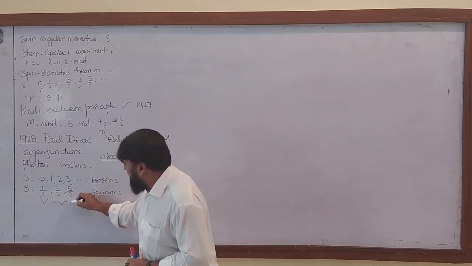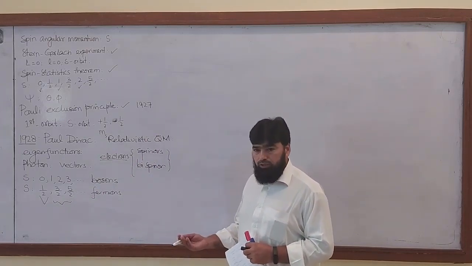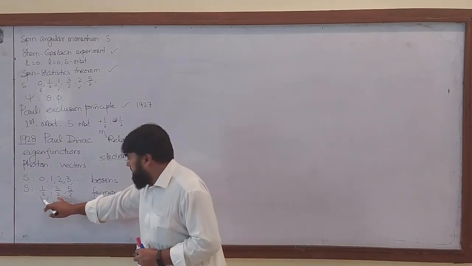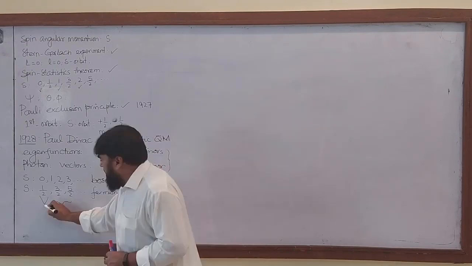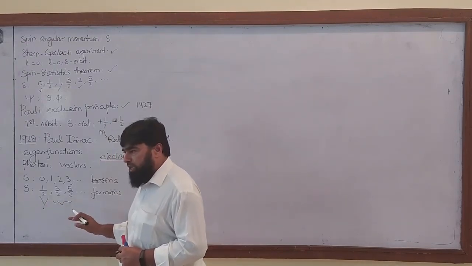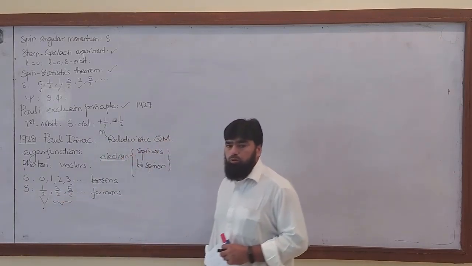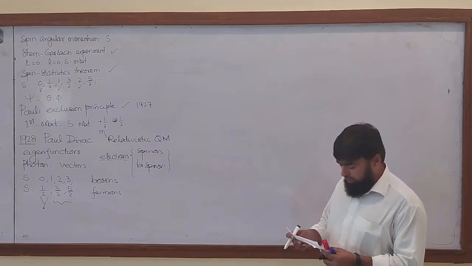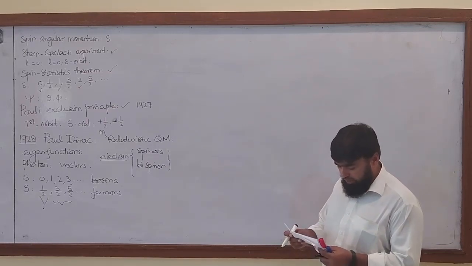We don't know that such particles exist with higher spin. They may exist, but we don't know about them. We only know such fermions which have spin-half values, so we will restrict ourselves only to the spin-half particles.